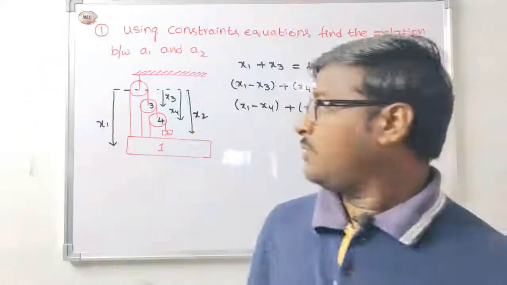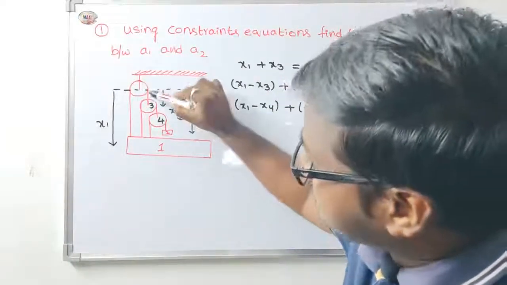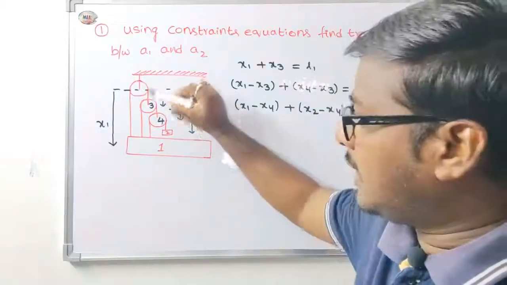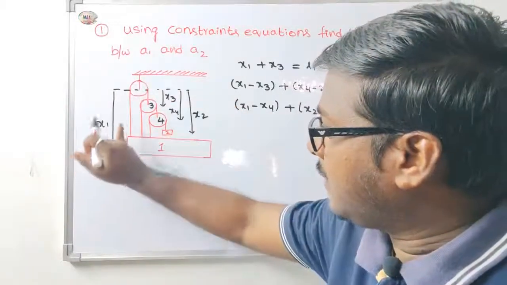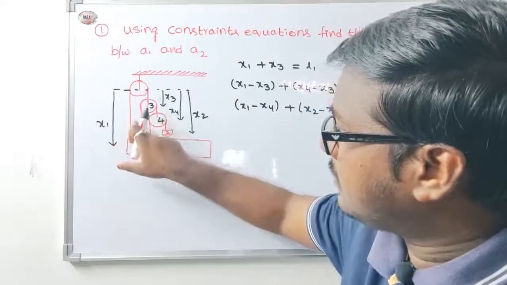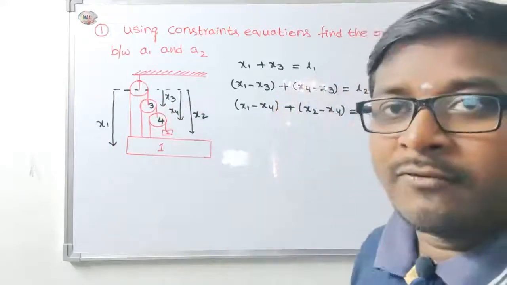Very simple. L1, L2 and L3 are the lengths of the strings. For the first string, the length is x1 plus x3 is equal to L1.